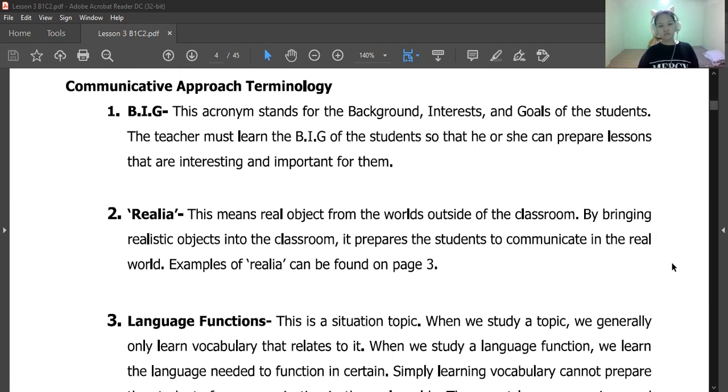Now, this acronym stands for background, interests, and goals of the students. The teacher must learn the BIG of the students so that he or she can prepare lessons that are interesting and important for them.